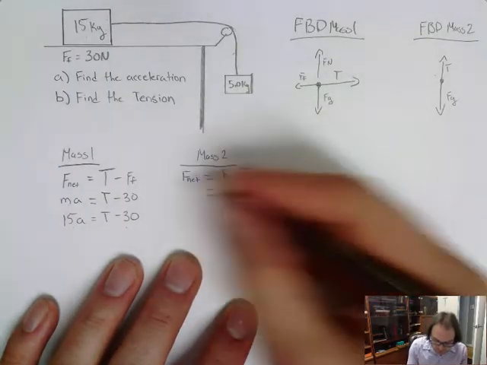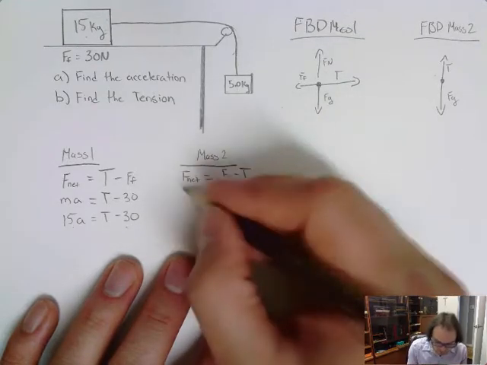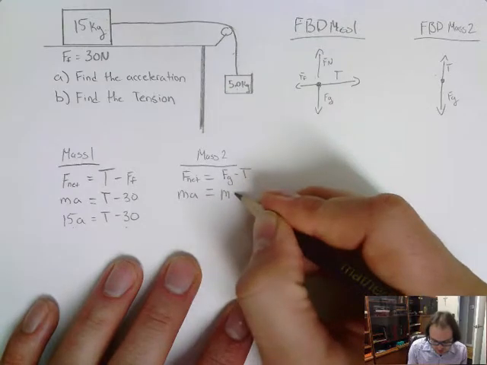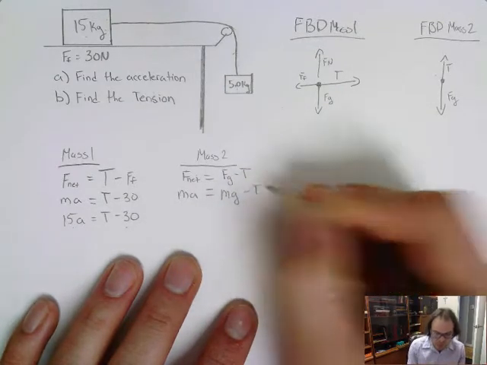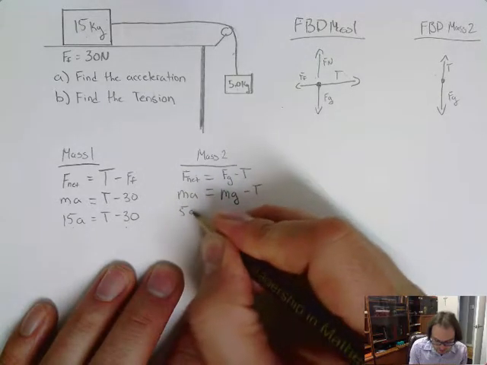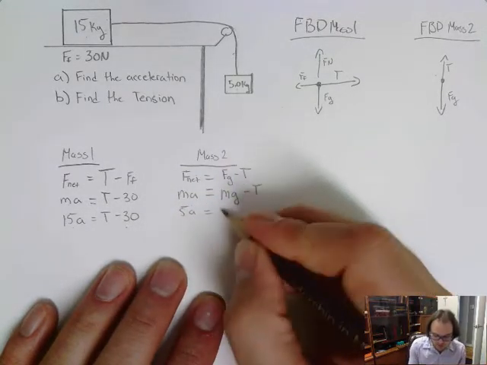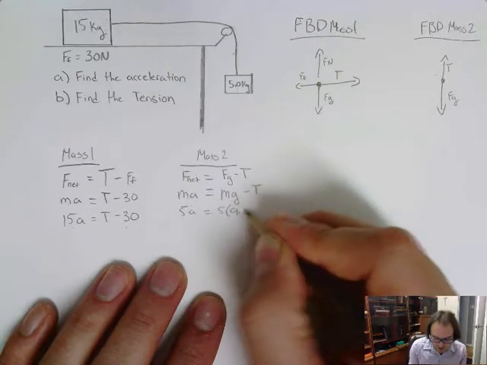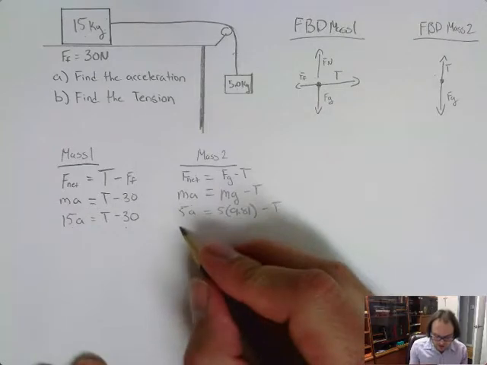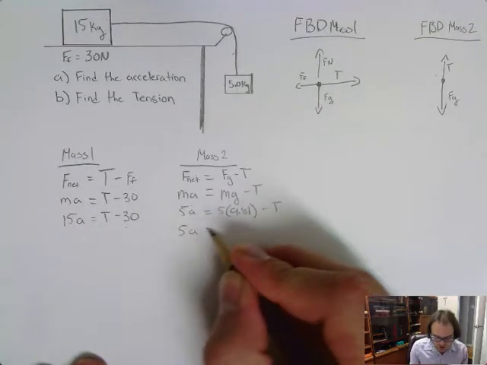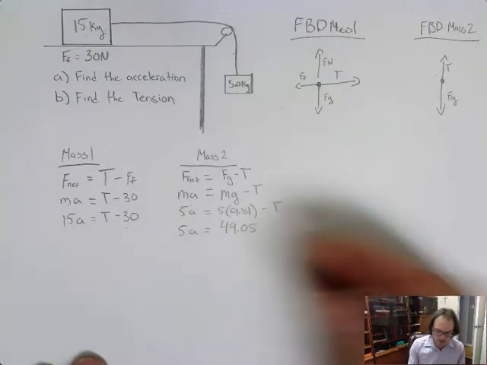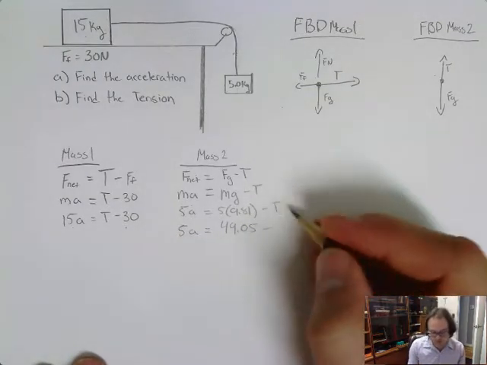I have mass times acceleration is equal to mass times gravity minus my tension. My mass for this one is 5 kilograms. So we have 5 times acceleration is equal to 5 times 9.81, subtract my tension. We end up getting 5 times acceleration is equal to 49.05 subtract tension.